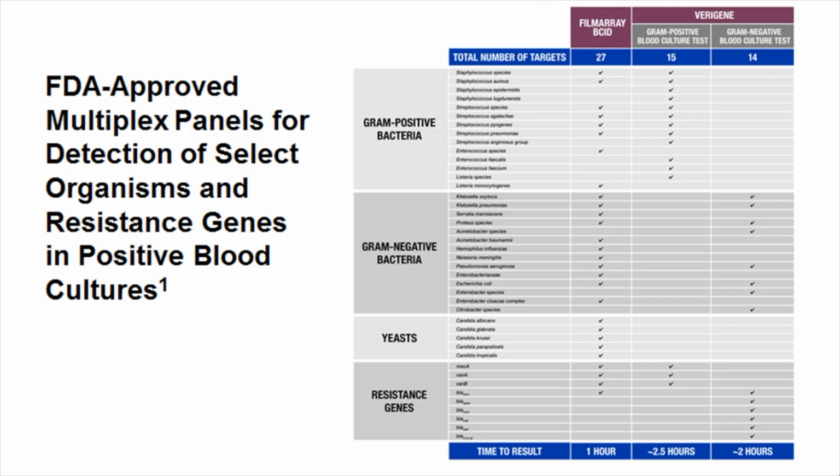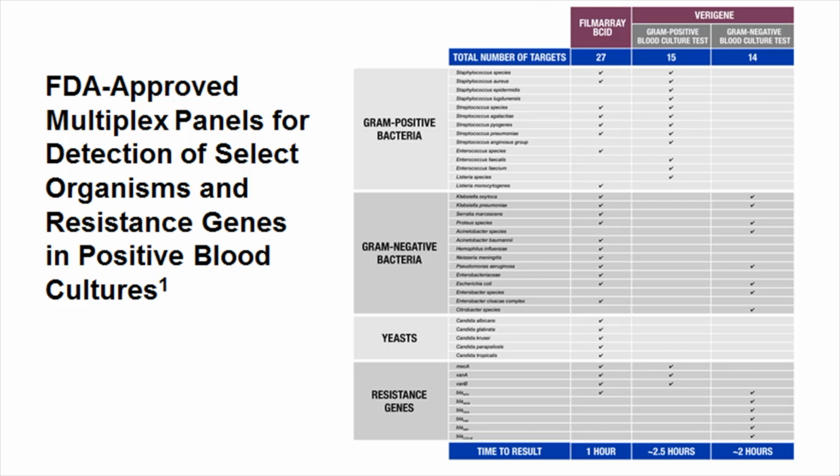The FilmArray Blood Culture Identification, or BCID panel from BioFire Diagnostics, which has been available since 2013, and the Verigene gram-positive blood culture test, or BCGP, and gram-negative blood culture test, or BCGN, from Luminex, which have been available since 2012 and 2014, respectively.